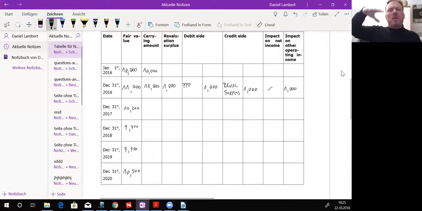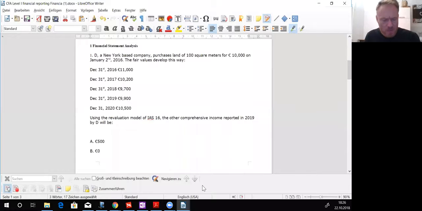Now, things that went up without touching the income statement need to go down just as well without touching it. So as we go down again to 10,200, because that might be your CFA Level 1 exam question, it goes up to 11,000, then goes down to 10,200, then further down to 9,700, and so on and so on.